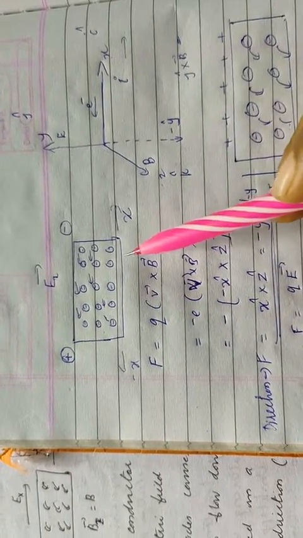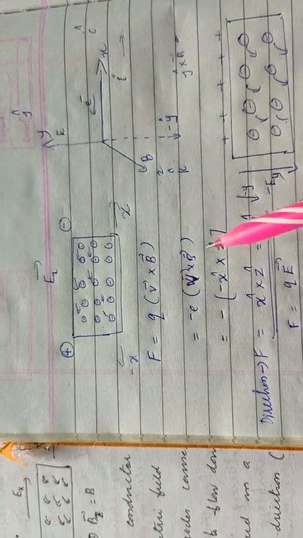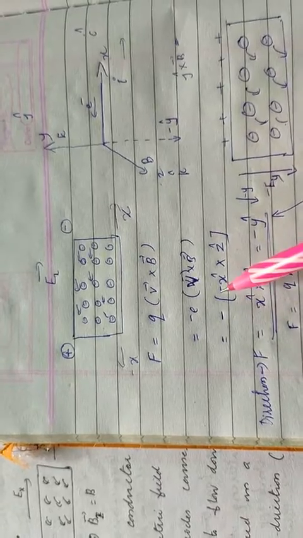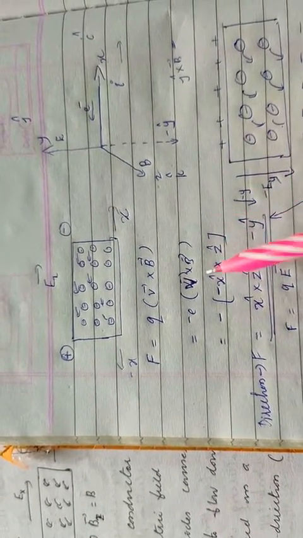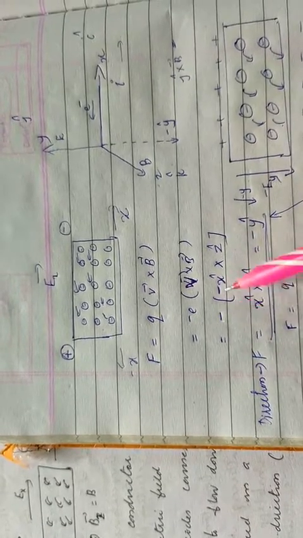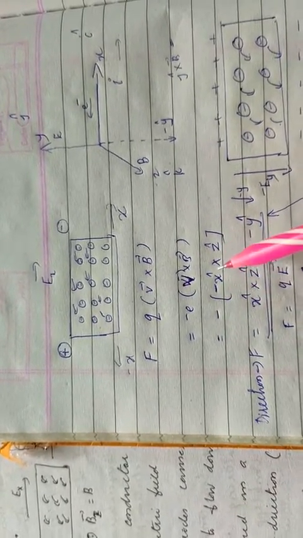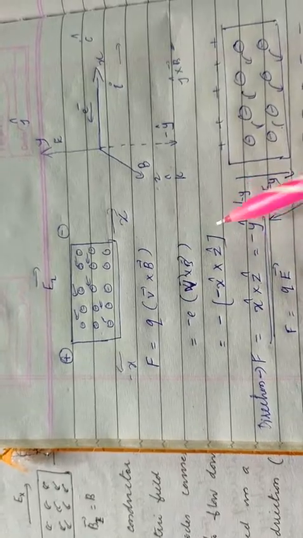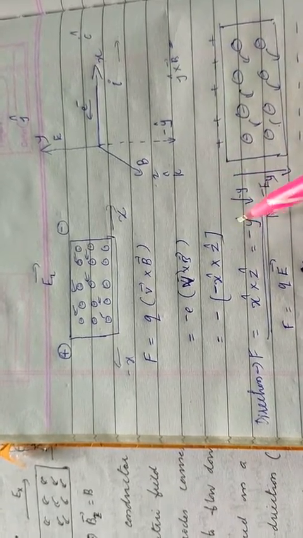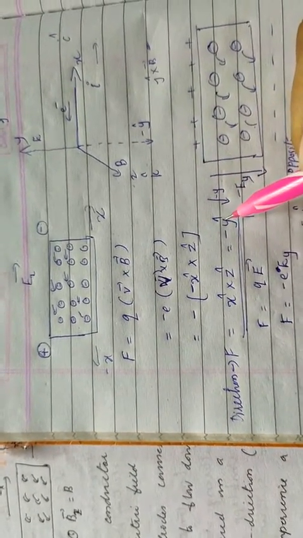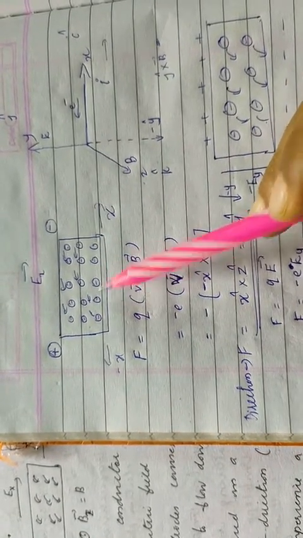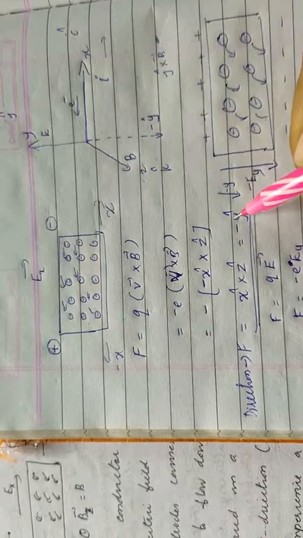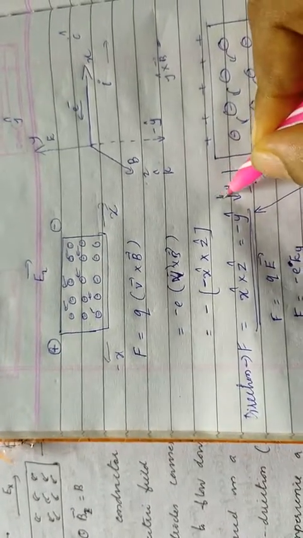The direction of velocity of the electrons is in the minus x direction, so minus x, and the magnetic field is along the z direction. So this minus and this minus will become positive, and x cross z will become minus y. So the magnetic Lorentz force experienced by the moving electrons in the conductor will be along the minus y direction, that is downward.